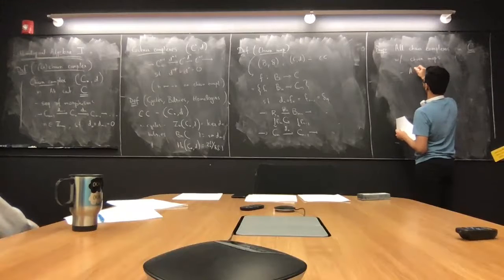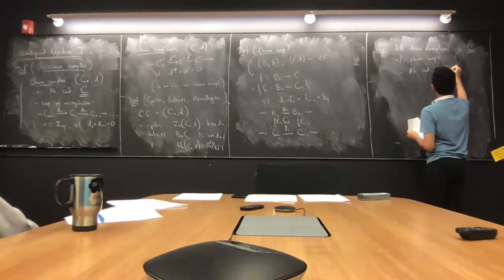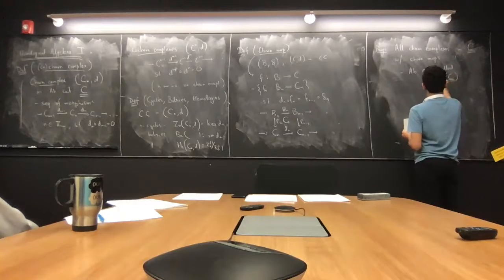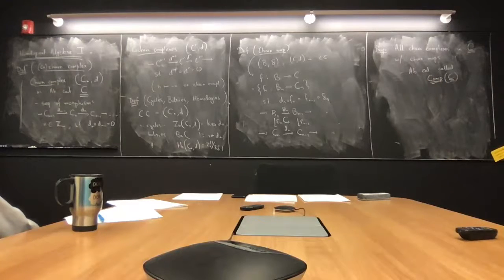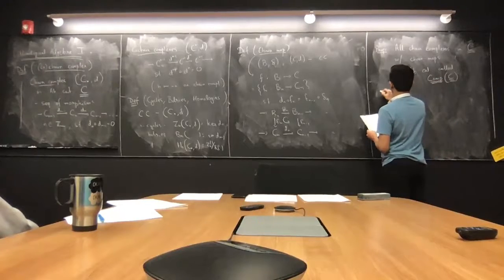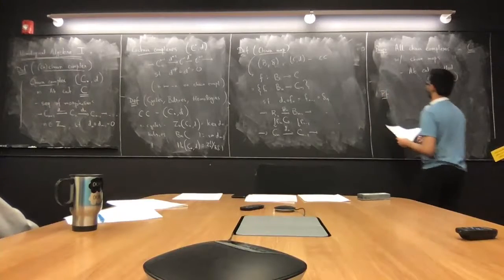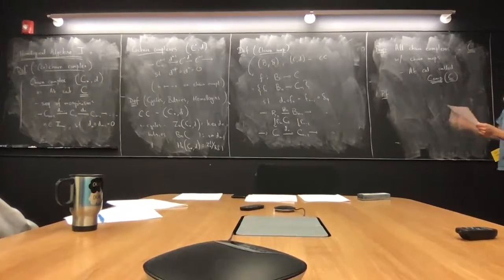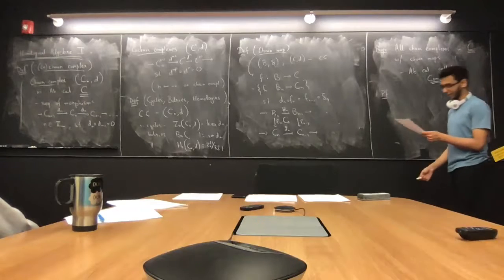We get another abelian category called Comp(C), which is the category of complexes in C. So the proof of this is just done by checking if this category obeys all the properties, the axioms of an abelian category.